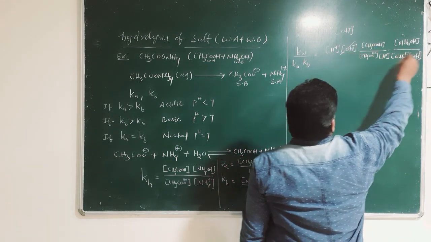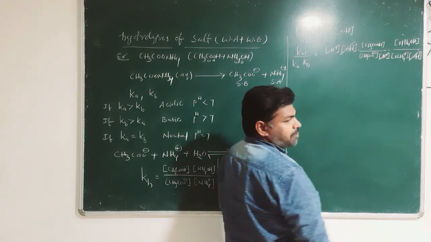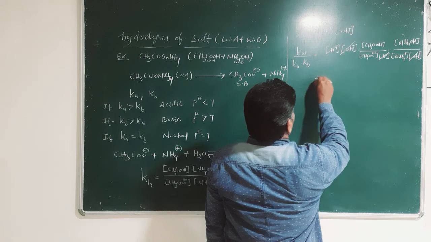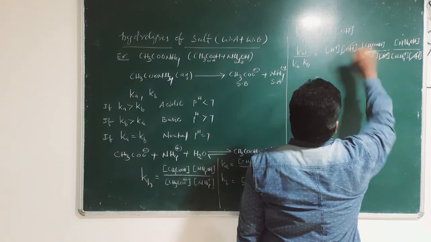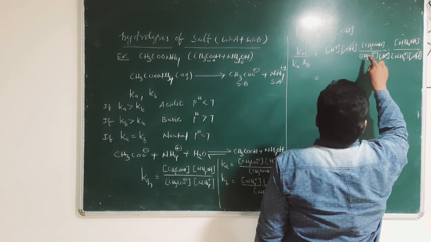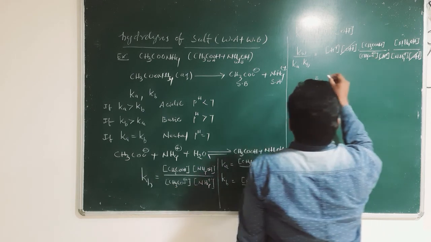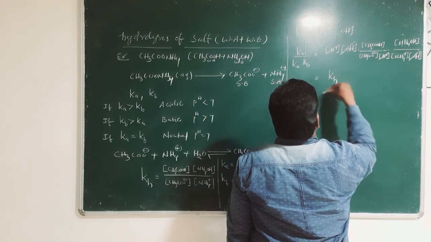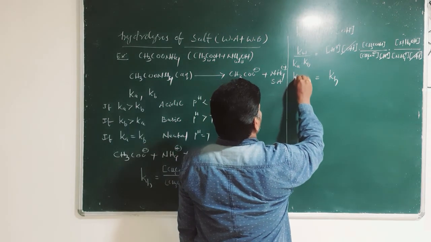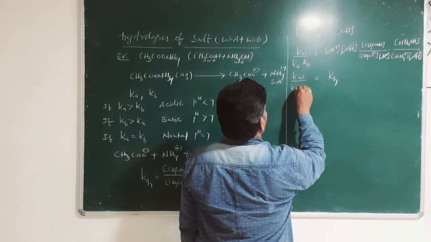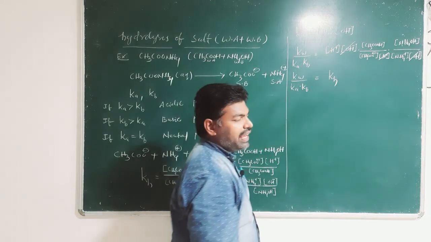The OH minus and H plus ions get cancelled. That gives CH3COOH, NH4OH over CH3COO minus, NH4 plus, which is nothing but the hydrolysis constant. So, Kw by Ka into Kb is equal to Kh.